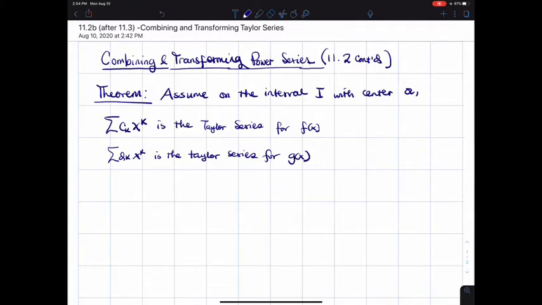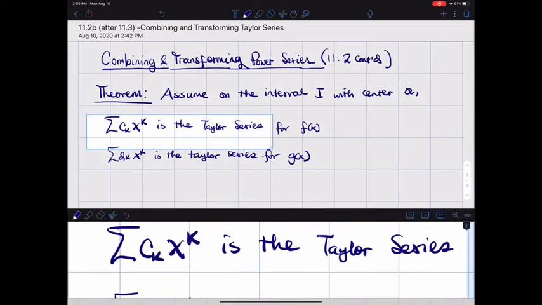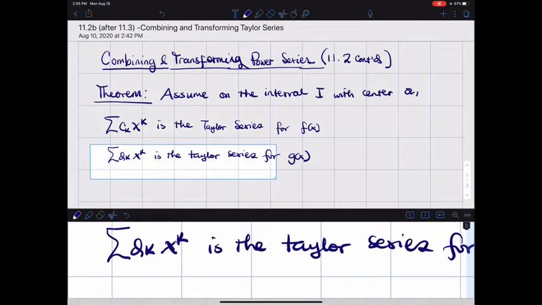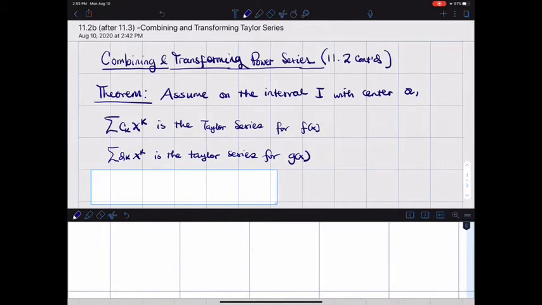So assume that we have an interval I with center a, and on this interval, the sum of c_k x^k is a Taylor series for the function f(x), and the sum of d_k x^k is a Taylor series for g(x). Then the following results are true.